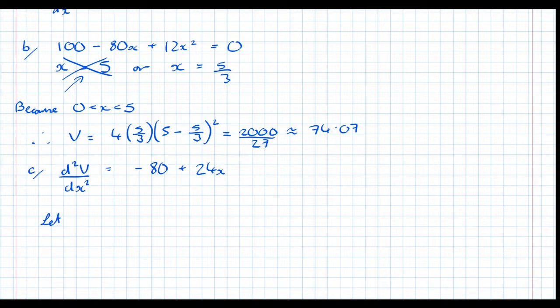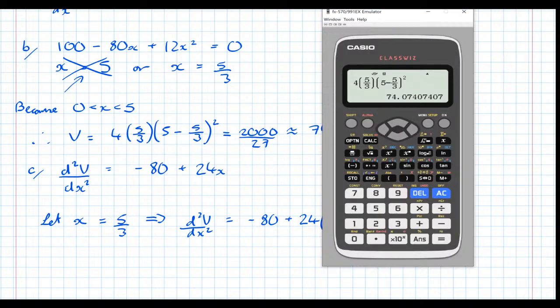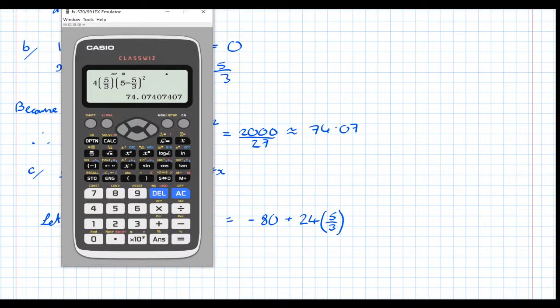So let x equal 5/3, which implies that d2V by dx squared equals minus 80 plus 24 lots of 5/3. Let's see the value of that. Minus 80 plus 24 lots of 5/3. Which is minus 40.